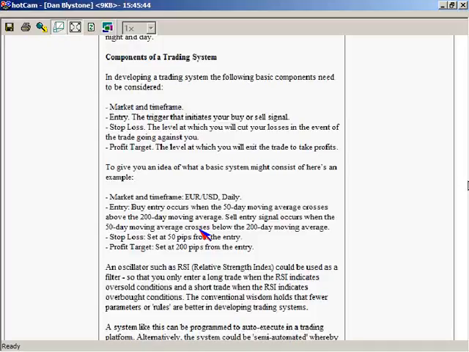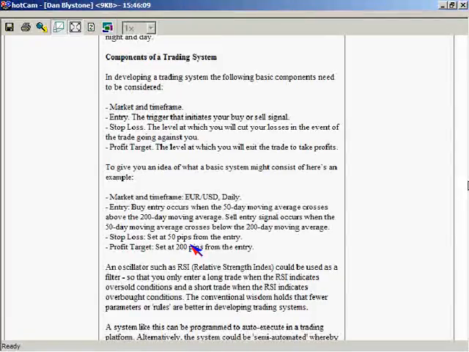Sell entry occurs when the 50-day moving average crosses below the 200-day moving average. That's a crossover known as the death cross. And for example, the stop loss might be set at 50 pips from the entry, and the profit target set at 200 pips from the entry.